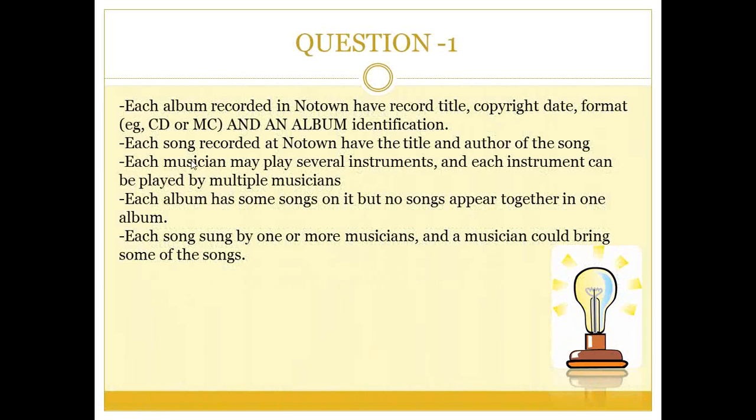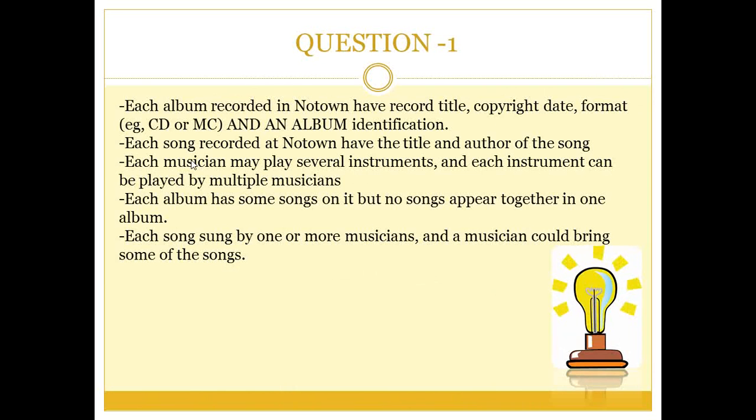Each song recorded at Norton has a title and an author. Each musician may play several instruments, and each instrument can be played by multiple musicians. Each album has songs on it, but no song appears twice in the album. Each song is played by one or more musicians, and a musician could bring some of the songs.